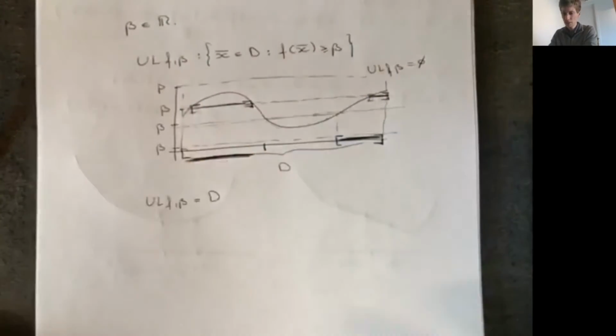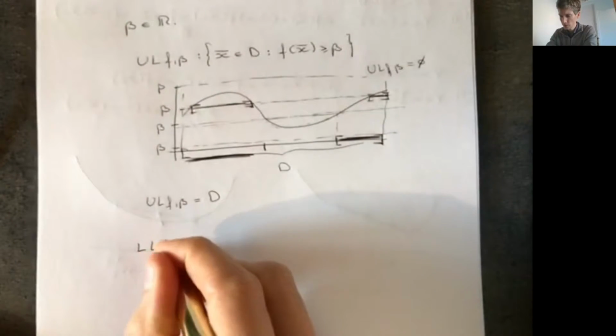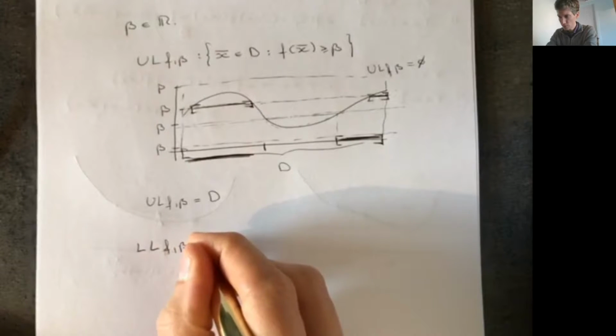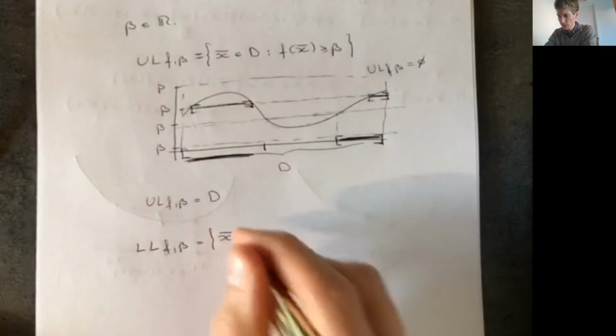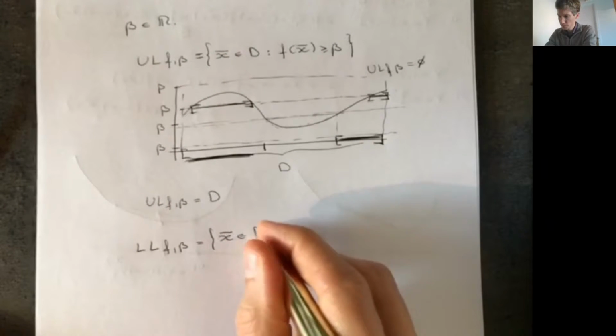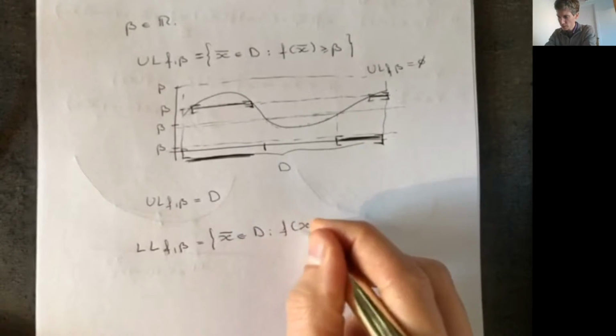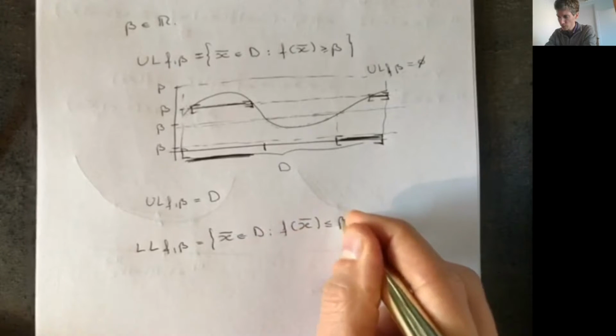So these are upper level sets, and then I have lower level sets. Let's call this LL of f at beta, and this is very similar. It should be an equality sign. It's everything in the domain such that f of x is less or equal to beta.